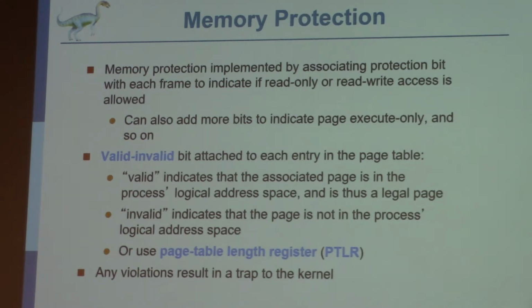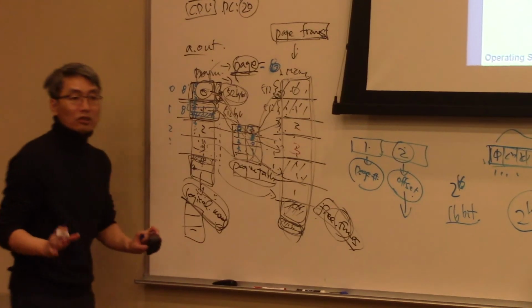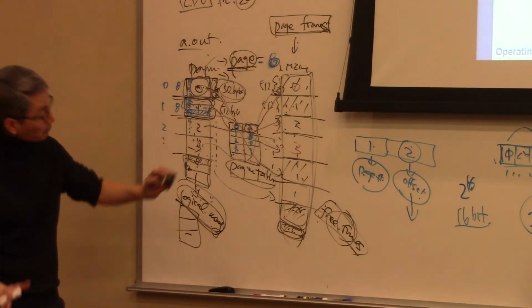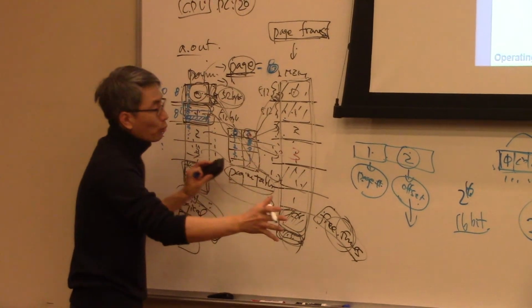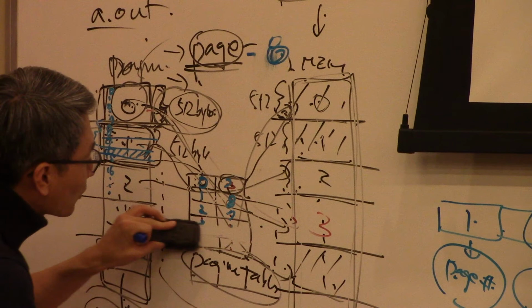But if this page table maps different frames, for example 0, 1, 2, 3 and 3, 8, 7, 1 and so on. Later we will see page out, which means if you need a free frame, we can remove this one.